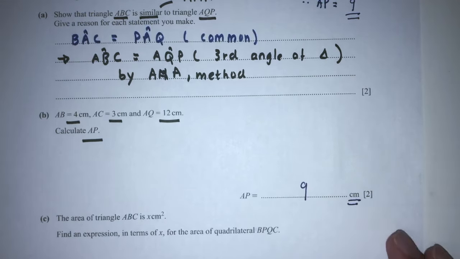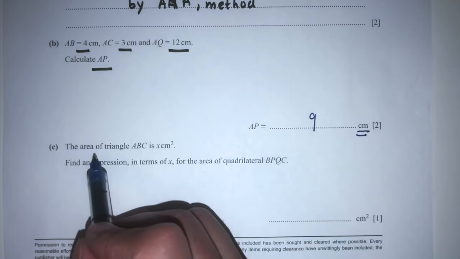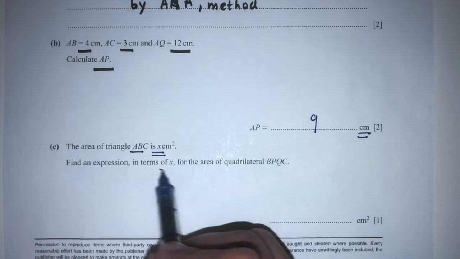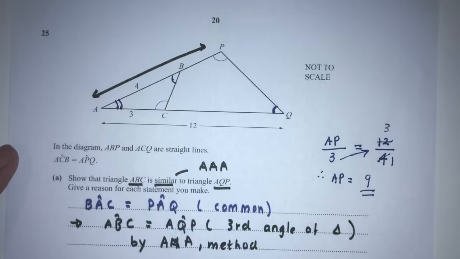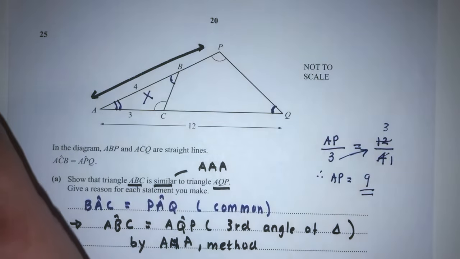Okay. Now for part C, we have to find the area. In terms of x, the area of triangle ABC is x. Find in terms of x the area of the quad BPQC. So we know this is x. But now how do you find the area of BPQC?